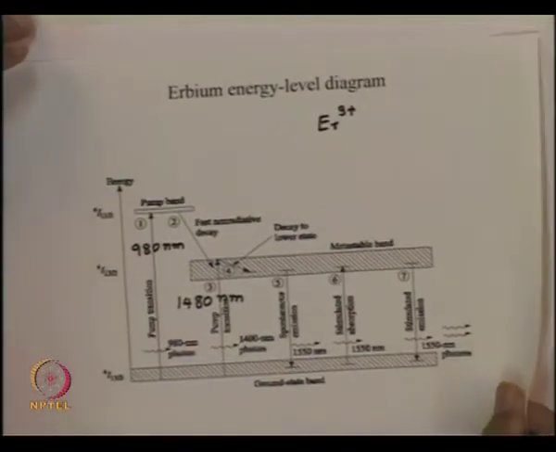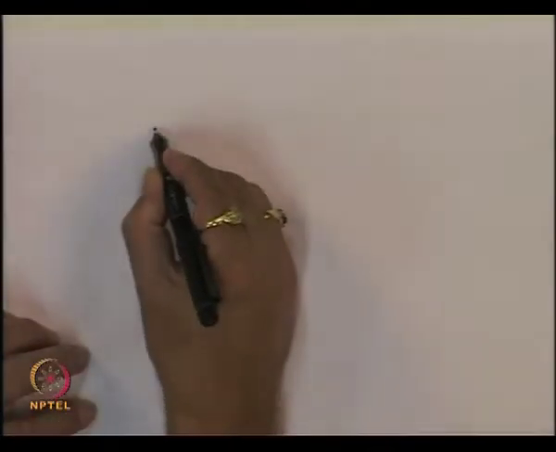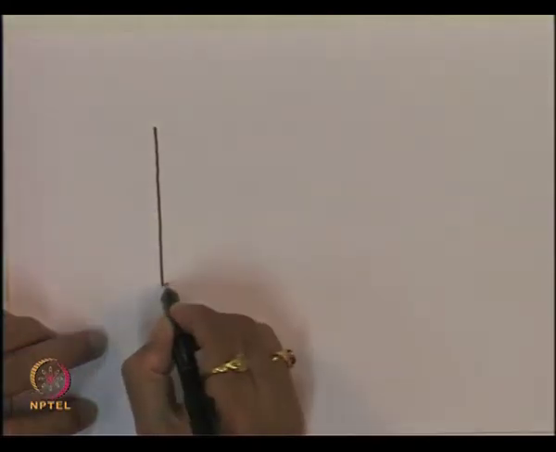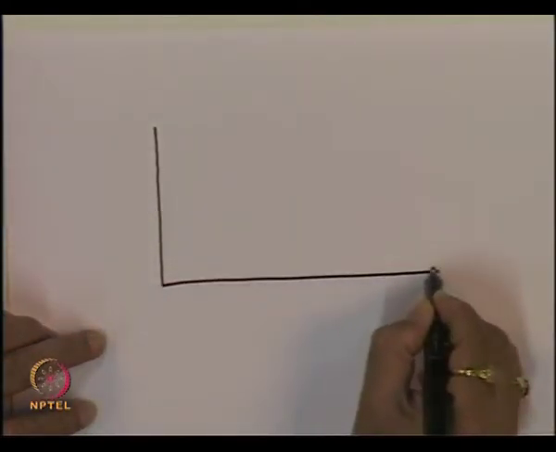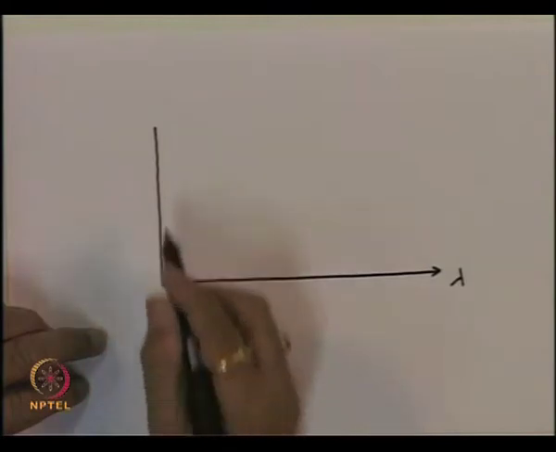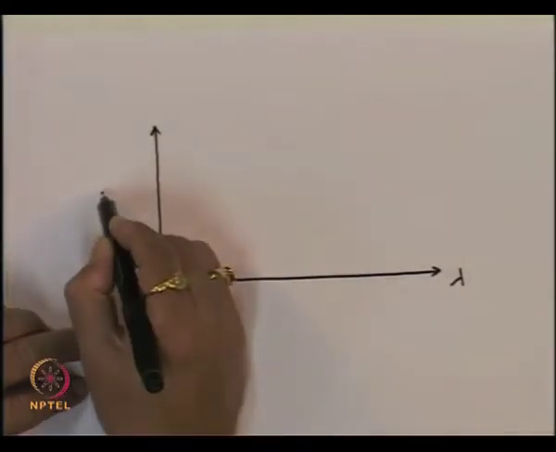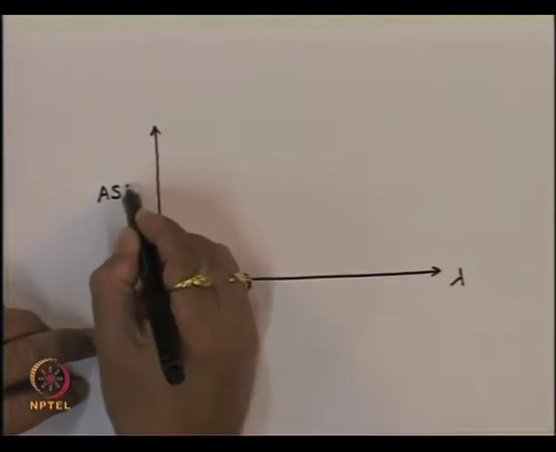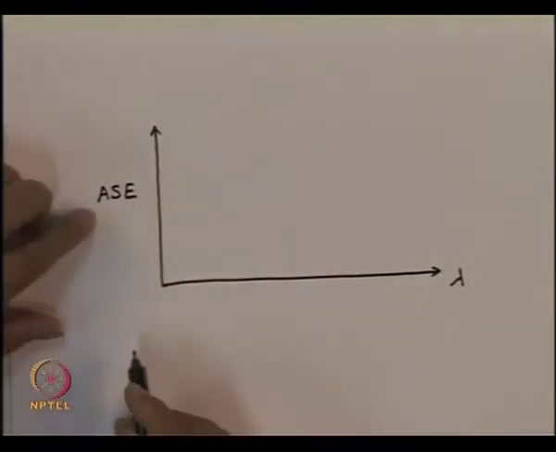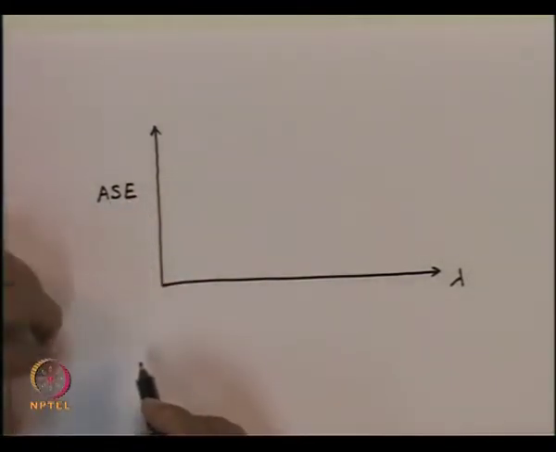which we call the spontaneous noise. If you look at the spectrum, what we call the ASE spectrum, it will typically look like that. This is wavelength and this is ASE, the amplified spontaneous emission.